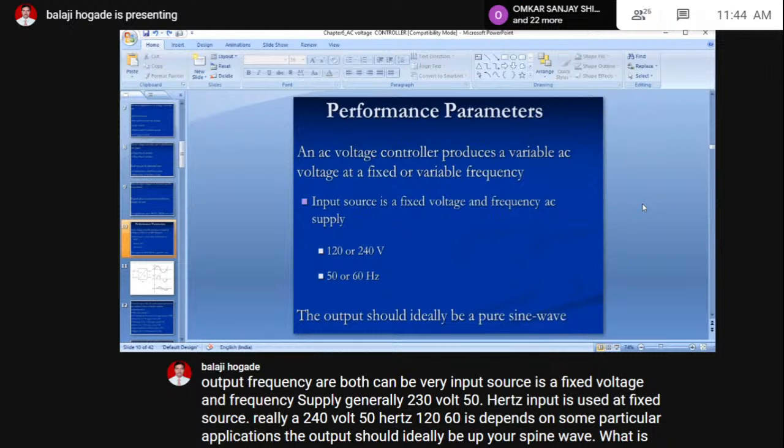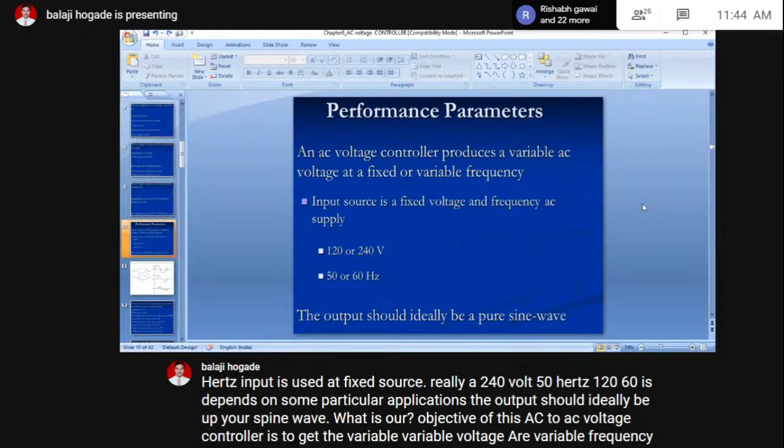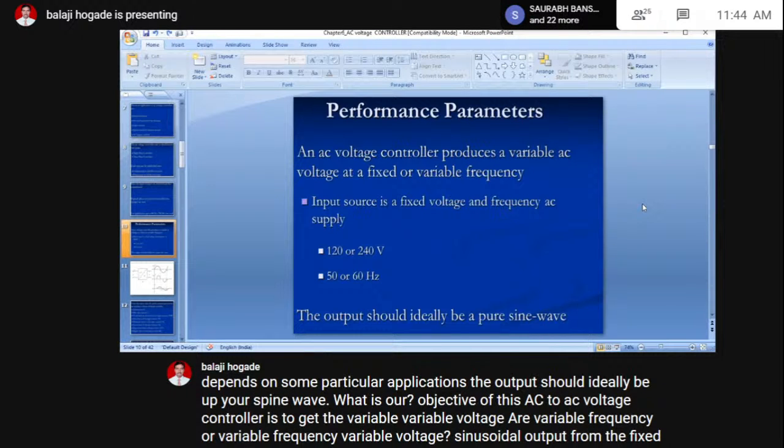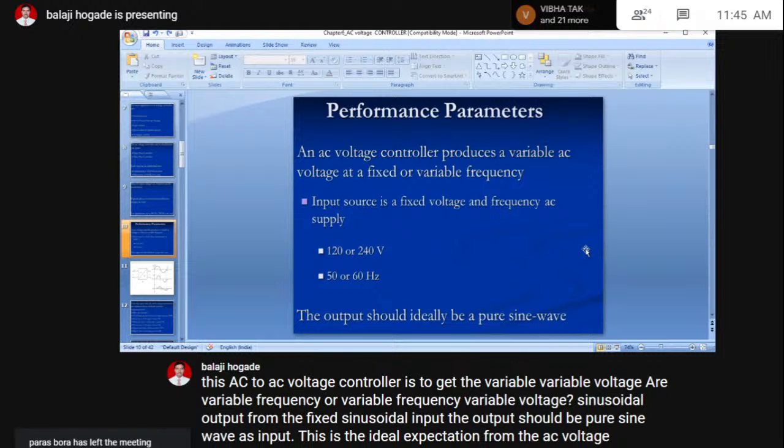It is to get the variable voltage or variable frequency sinusoidal output from the fixed sinusoidal input. The output should be pure sine wave as input. This is the ideal expectation from the AC voltage controller. Practically ऐसे नहीं मिलता है, but it is expected to have the pure sine wave at the output.